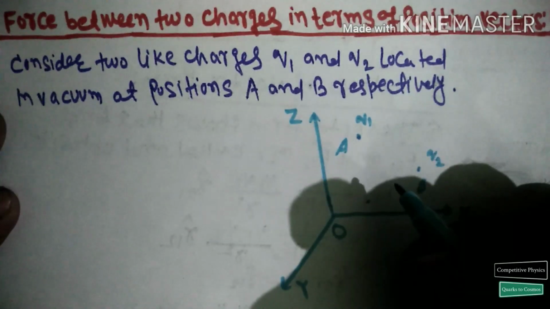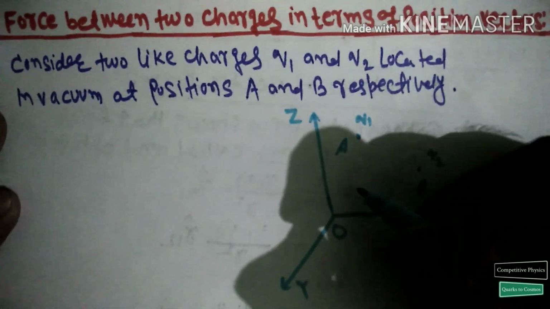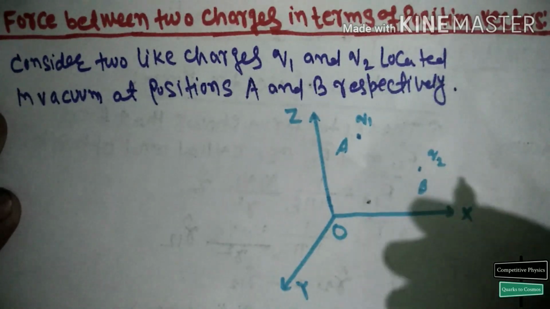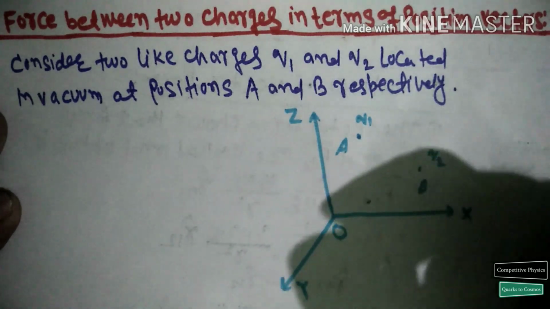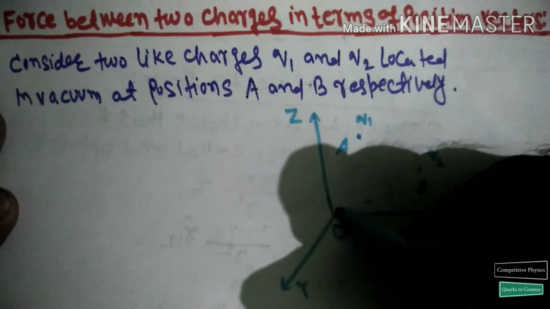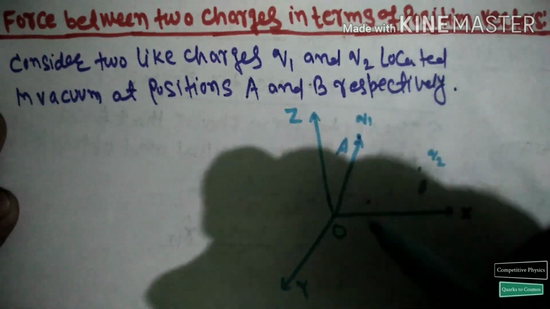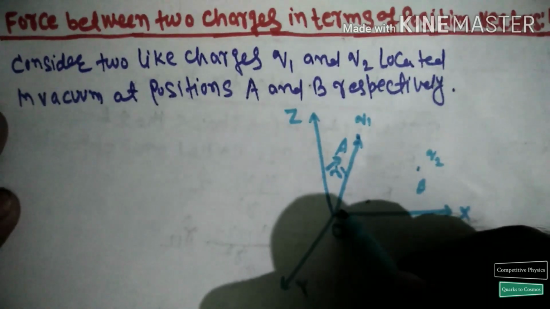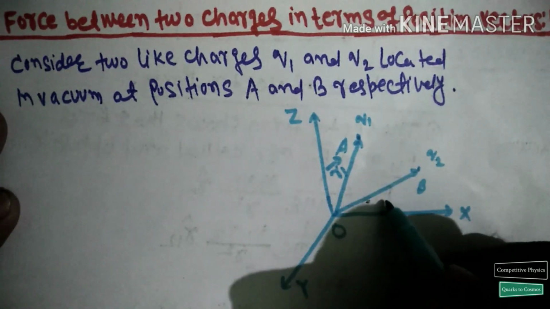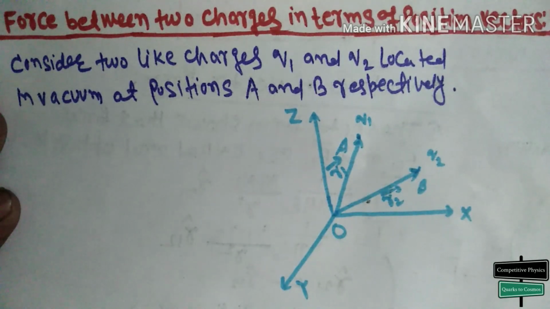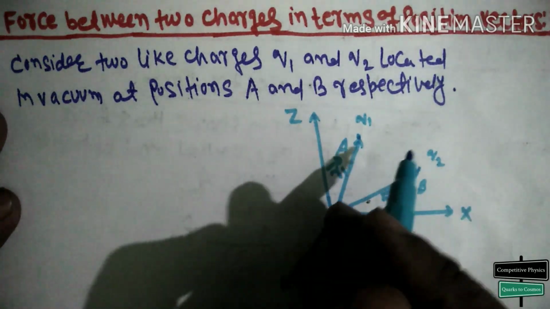So let the positions of A and B with reference to the origin O of the coordinate frame be given by r1 and r2.